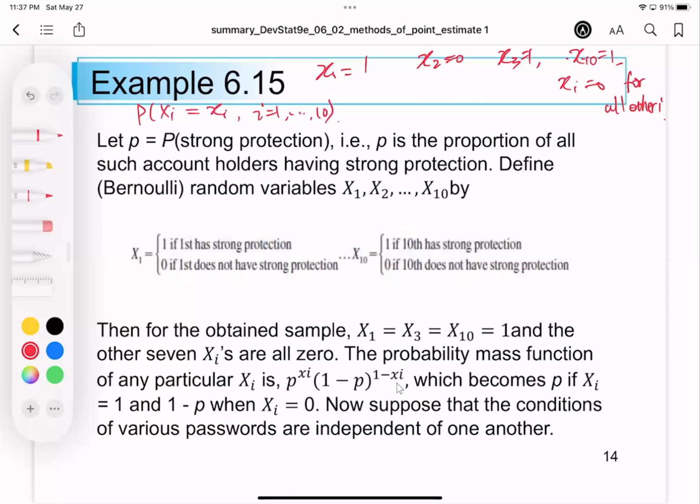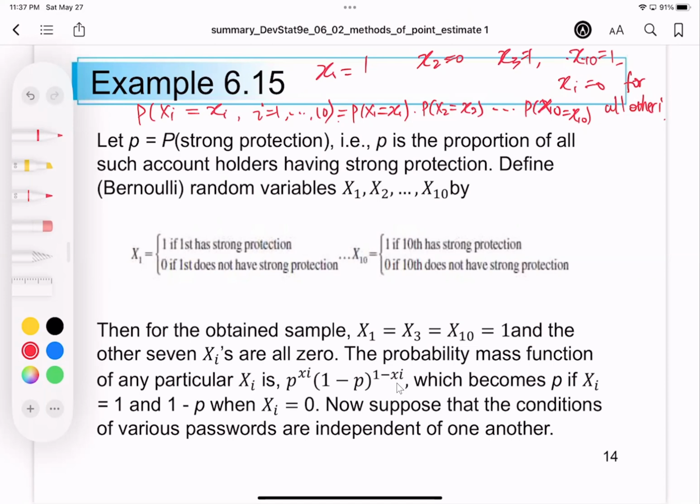And we learned that if they are independent, then the probability of these intersections becomes the product of individual probabilities. So the probability of X1 equals little x1, and the probability of X2 equals little x2, and up to X10 equals the observed x10. These capital letters are the random variables for any randomly selected subjects, whether their password has strong protection or not.